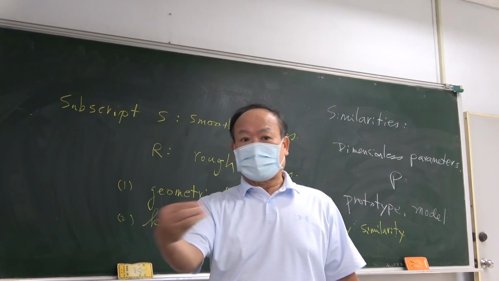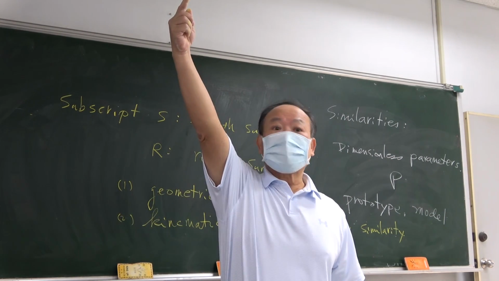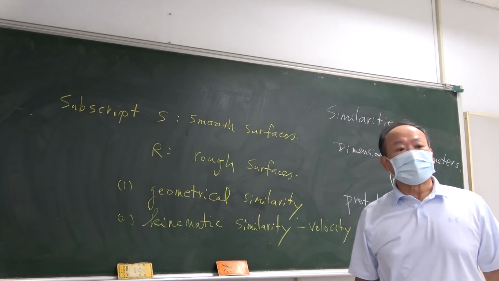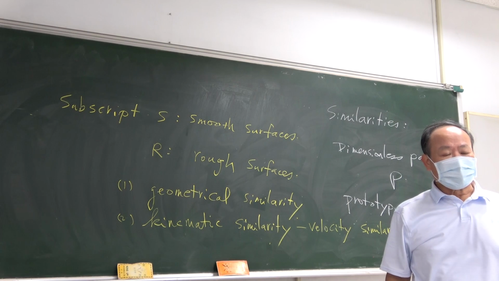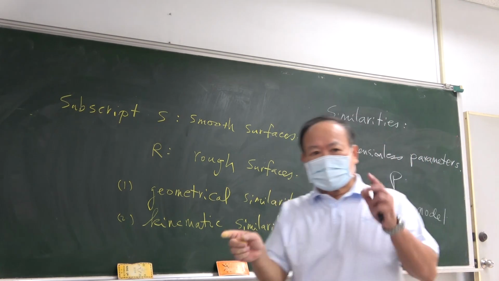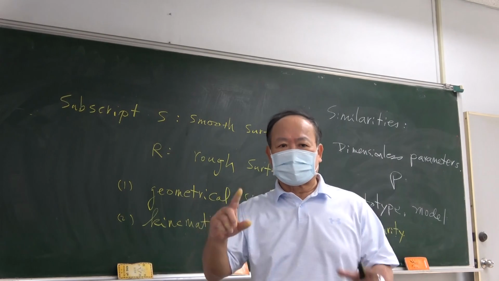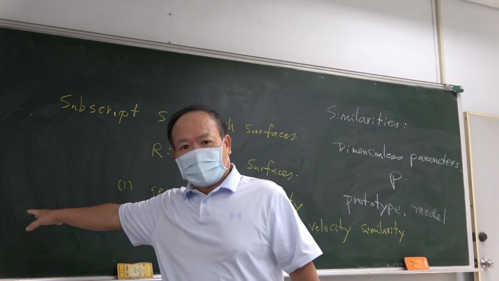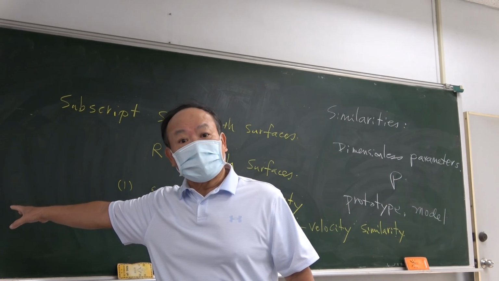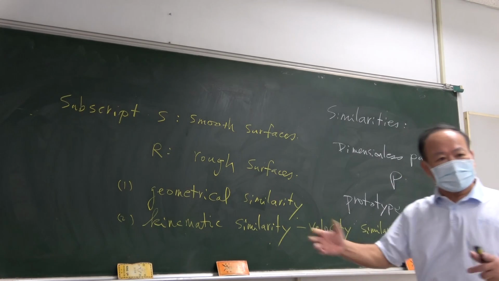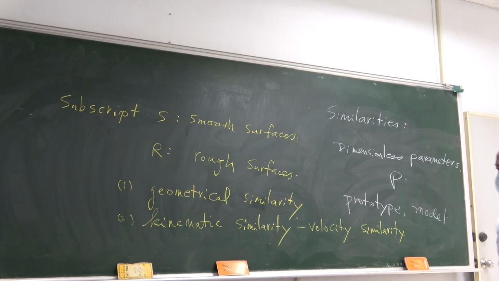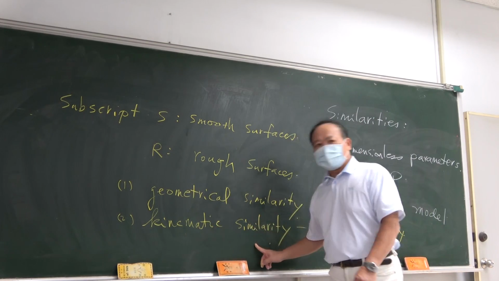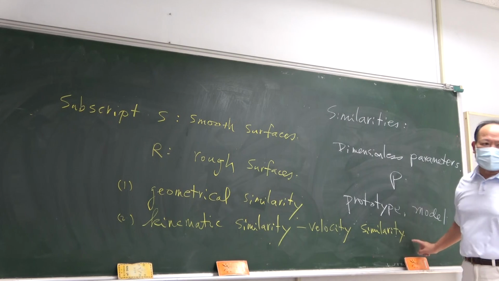But the air velocity is quite different from the real case, in the real jet flying in the real circumstance. Okay. So in this case, first, the transformation between the velocity in the model and in the real prototype. Okay, what is the transformation? This transformation we call the kinematic similarity. So kinematic similarity means velocity similarity.